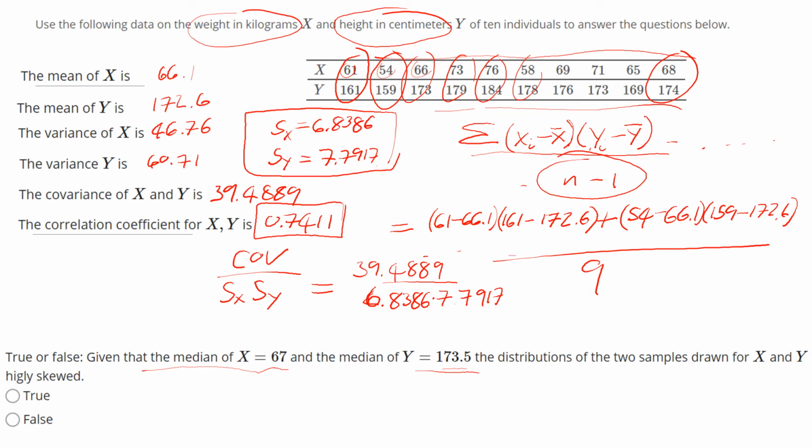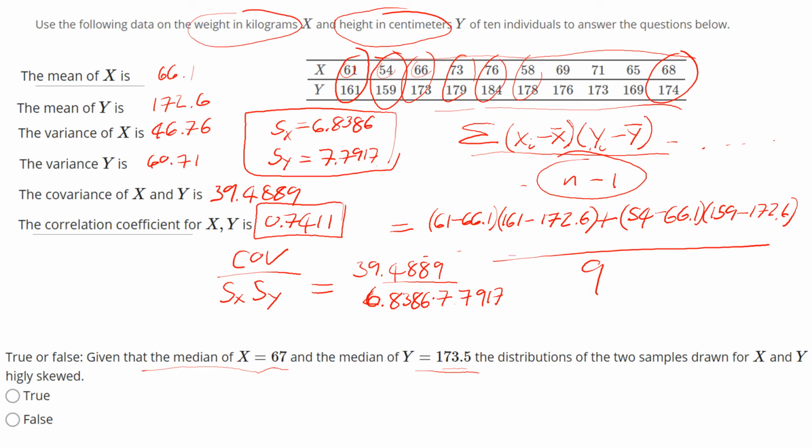Now, how will we assess the validity of that statement? Well, one way is to simply compare the means to the medians, because we know that in skewed distributions, the means and the medians generally are not equal. And the further apart they are, the more highly skewed the distribution.